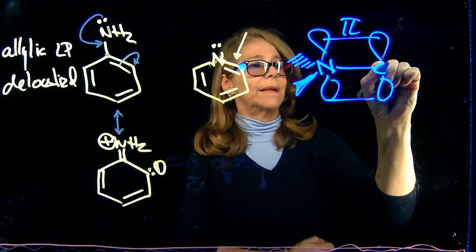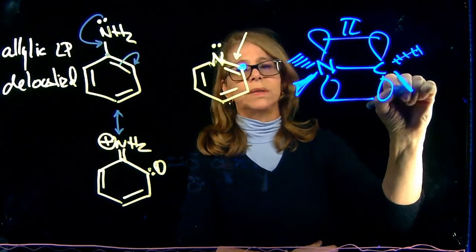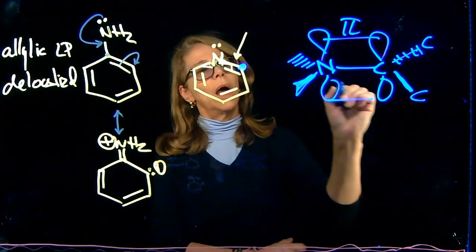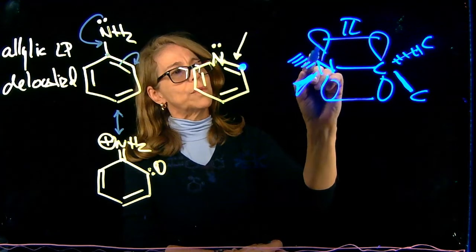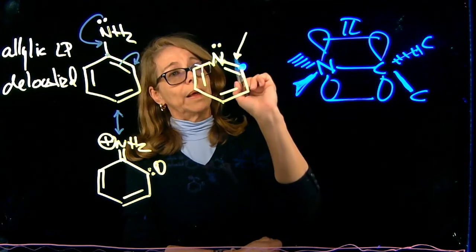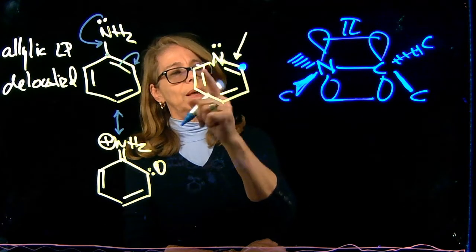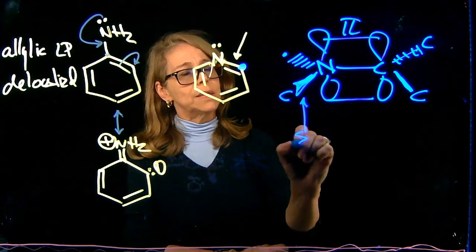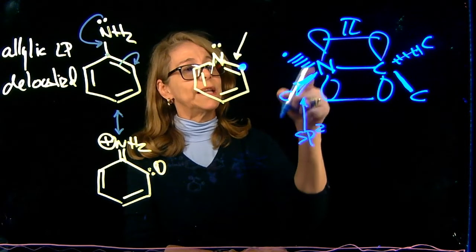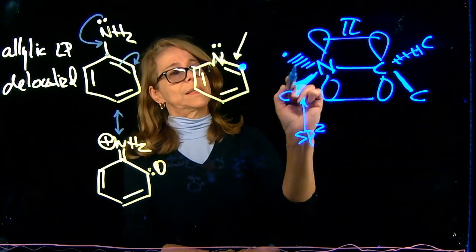That is now making up a couple more bonds, right? But to carbon in the ring. But the point is that this nitrogen right here is already forming this double bond. That means that one of the bonds is now to this side to a carbon, and this is on an sp2 orbital perpendicular to the pi system, let's say.